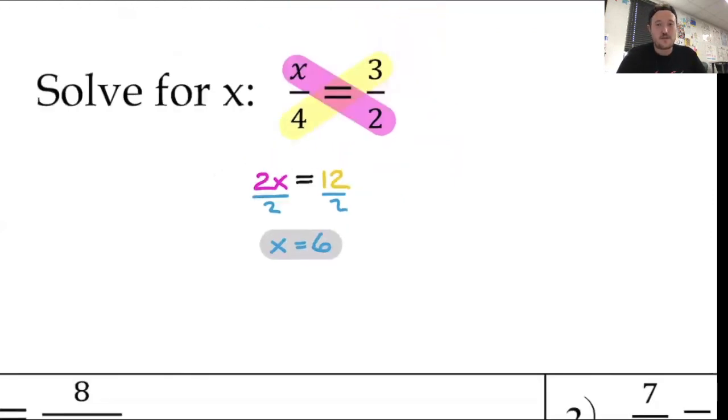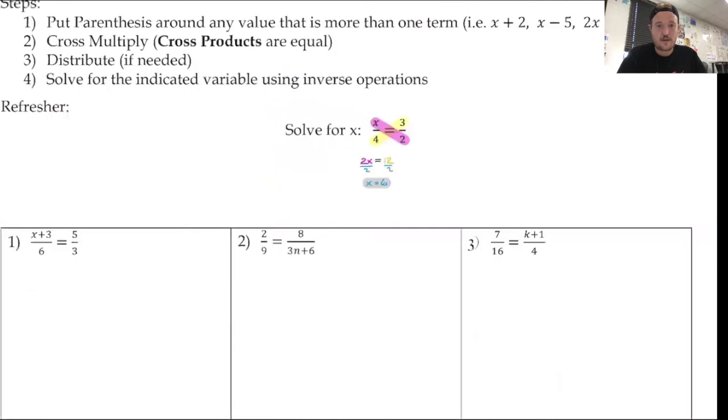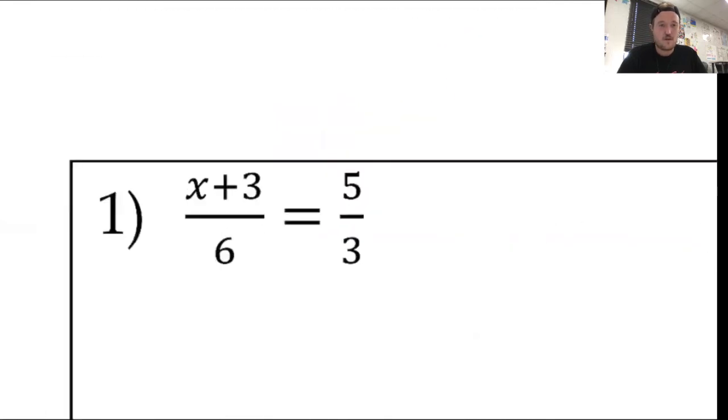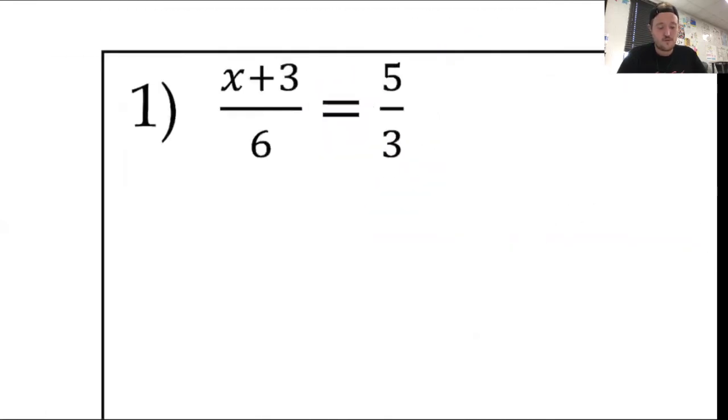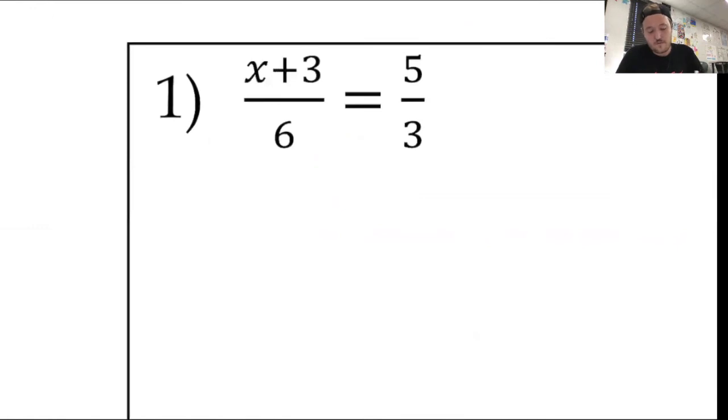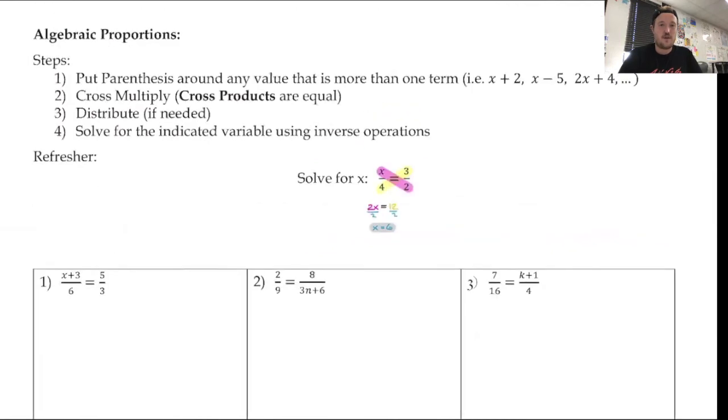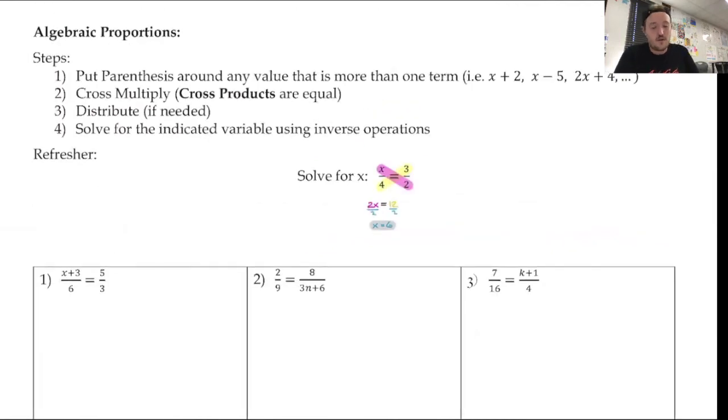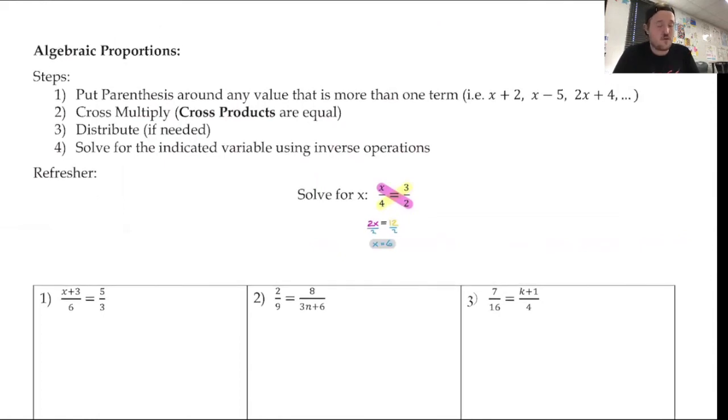So we're going to do the same idea, but we're going to kick it up a notch. I'm going to go through the first couple a little bit slower, and then the rest of them I'll go kind of quick. All right, so here's the thing. You now see an algebraic expression up here in the top left. Anytime you see an algebraic expression, this very first part in the steps is so crucial.